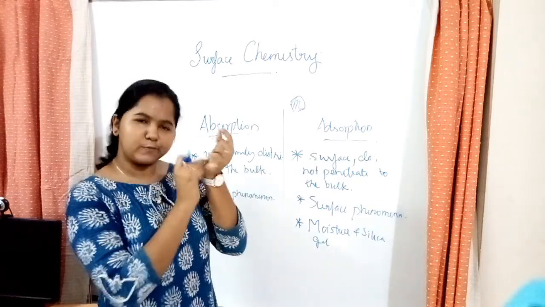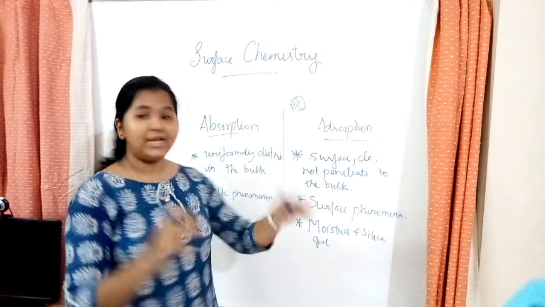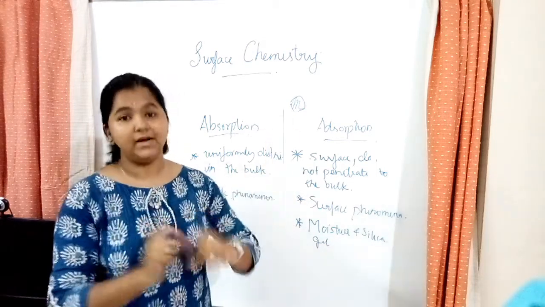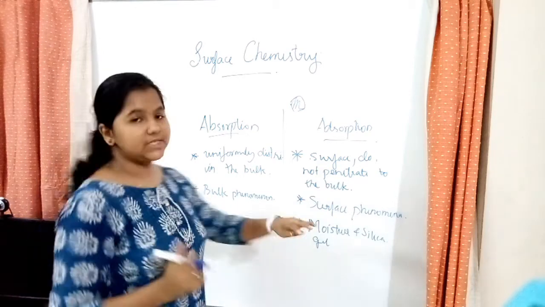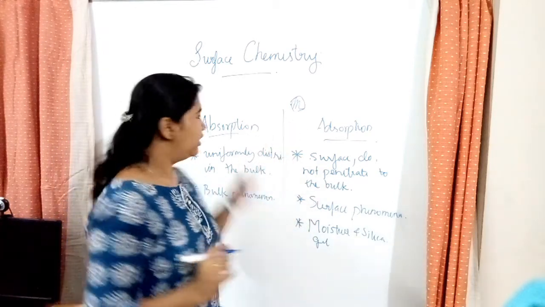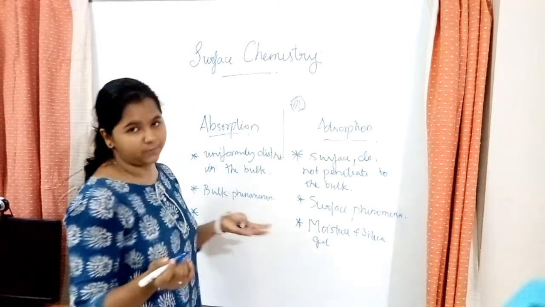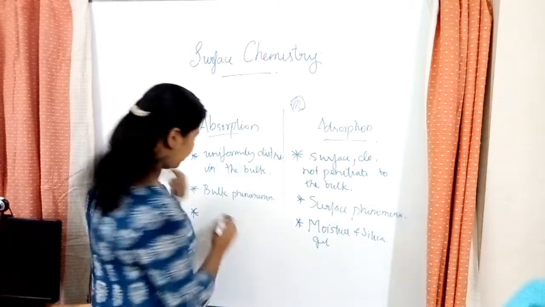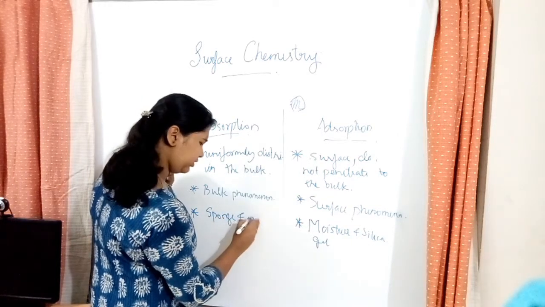That is because silica gel adsorbs the moisture content in the bottle or in its surroundings. So this is a good example of adsorption. For absorption, we have a lot of things. We'll take an example of a sponge put in water. So sponge and water.